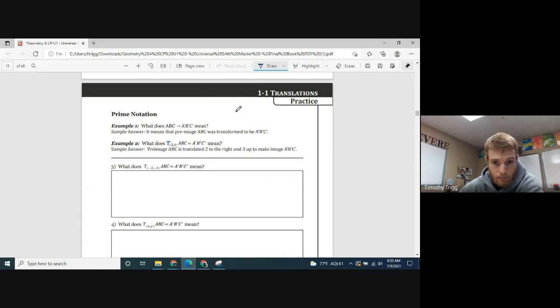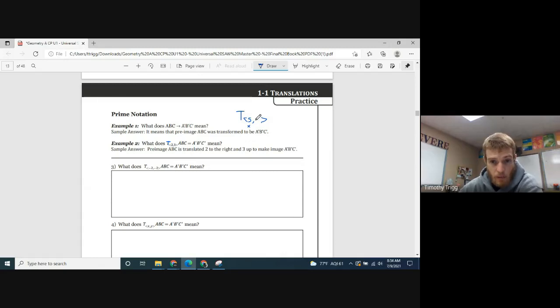When you see a capital T and then the subscript, whatever these two numbers are, that tells you how the object is moving. If the first number is, let's say, a 5, this tells you you're moving 5 along the x-axis. So the first number tells you how you're moving horizontally along the x.